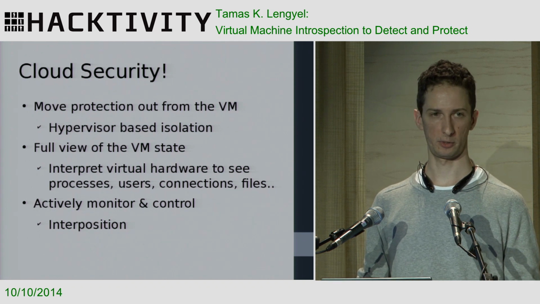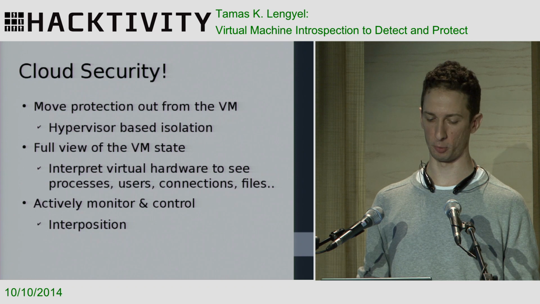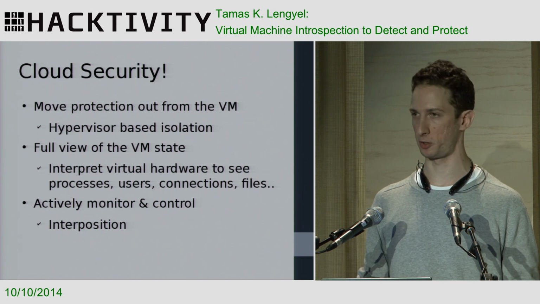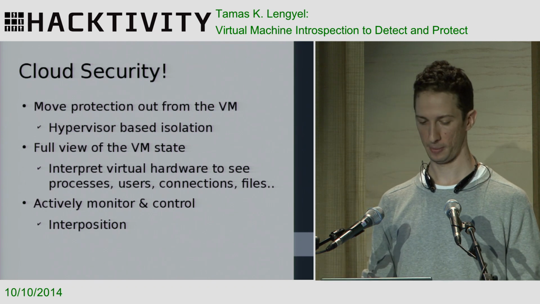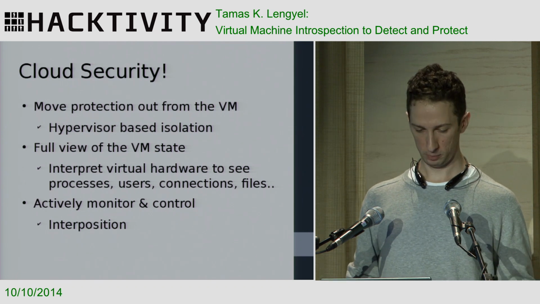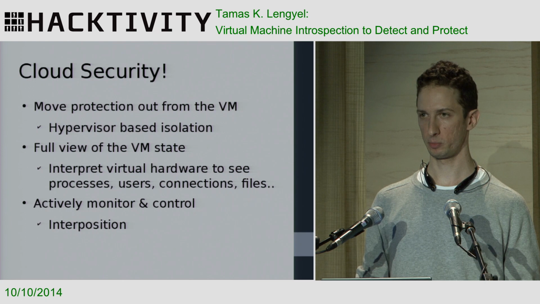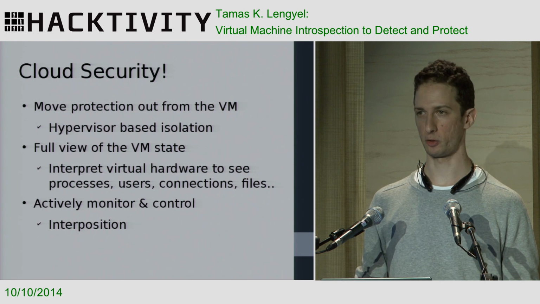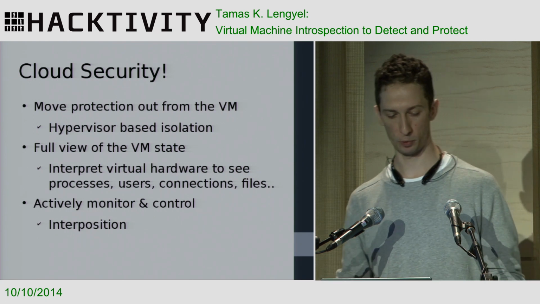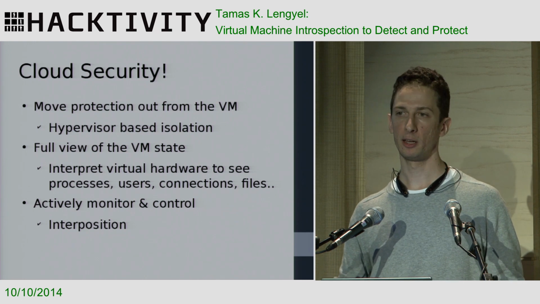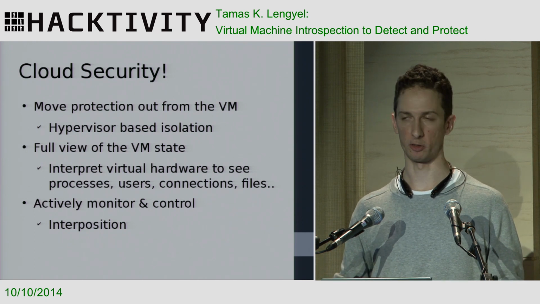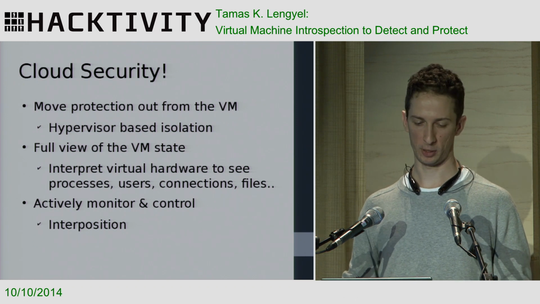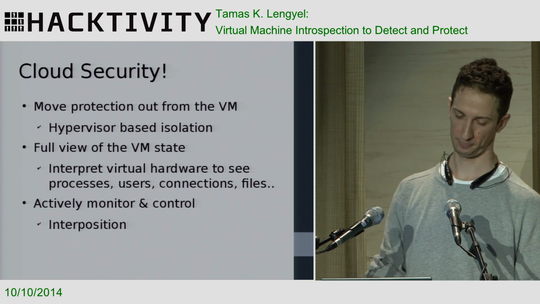You can take a look at the virtual hardware and interpret what is actually happening, what processes are running, what users are active, connections, files, everything. Furthermore, it's an actively running system, and you can really trap everything that you want within that system, and you can have active monitoring and control over that system. So you really have interposition. So that would be an ideal cloud system, right?